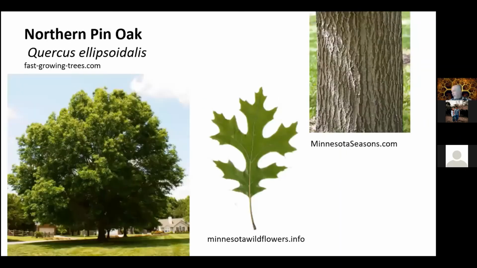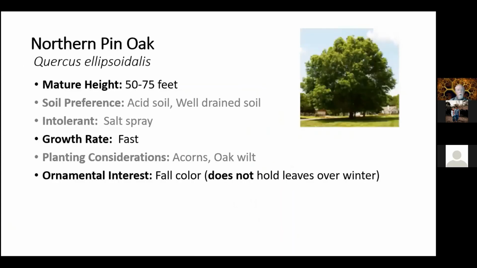Okay, northern pin oak. I'm checking my time over here. So it's a red oak with the pointy leaves, with a much rounder, more graceful form, a medium to large tree. It's not a picky tree, likes well-drained soil.